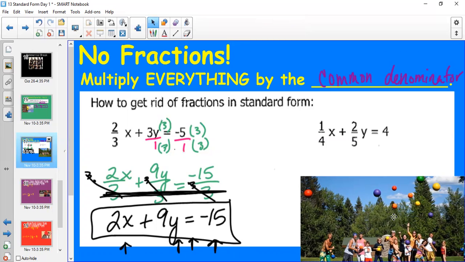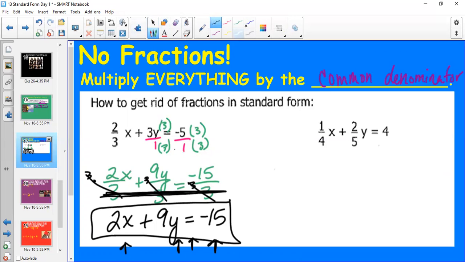If you want to pause it, you can pause and try this next one on your own. That's what we did in class, but I'm going to show you the answer here. First, get everything to be a fraction. Then make common denominators. In this case, it would be 20, so we multiply that by 5. We'd have 5x plus, multiplying the second fraction by 4, 8y over 20.